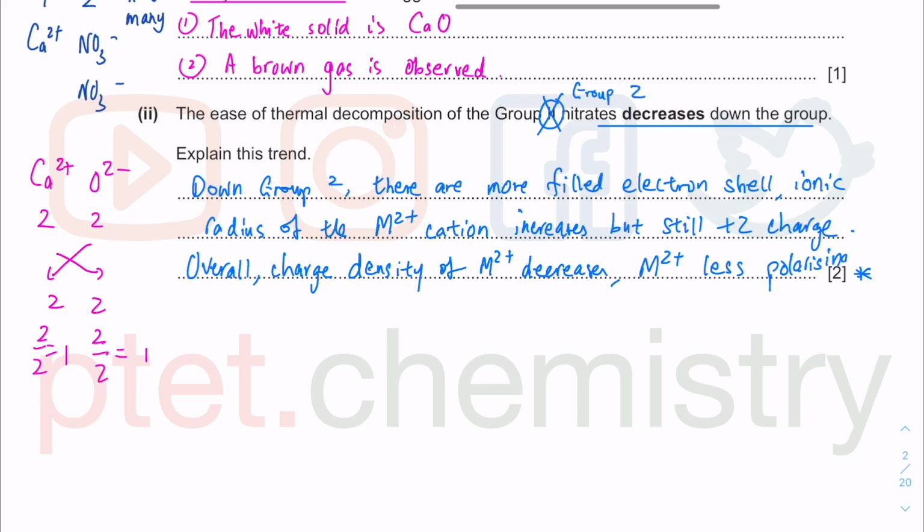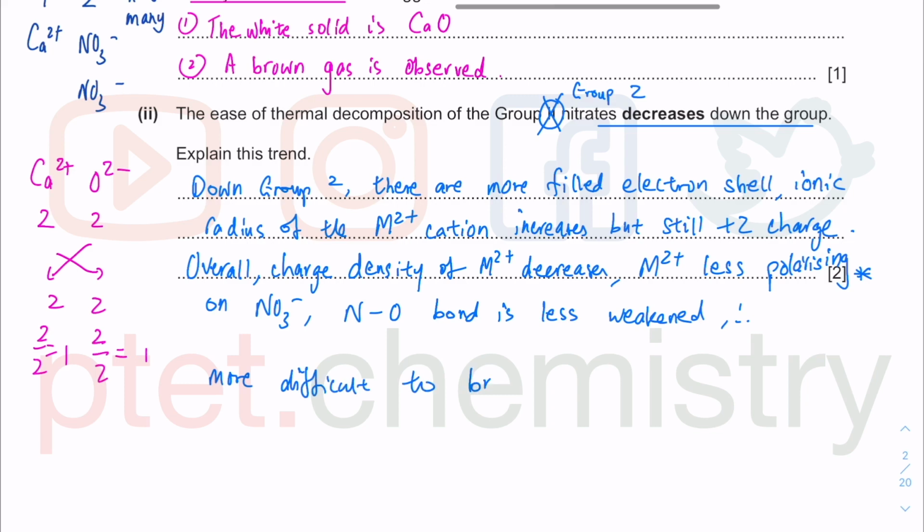So the cations polarize the NO3-, and the N-O covalent bond becomes less weakened, so it's not as weakened, therefore more difficult to decompose or more difficult to break. That is why the temperature of decomposition will be higher, but they're not asking about temperature required. They're asking how easy it is to decompose, because it has become much more difficult, so how easy it is would decrease down group 2.